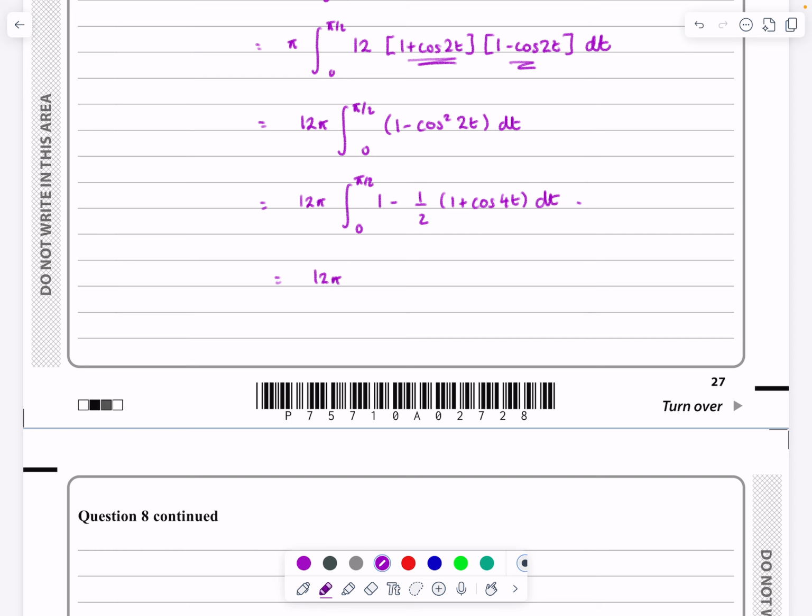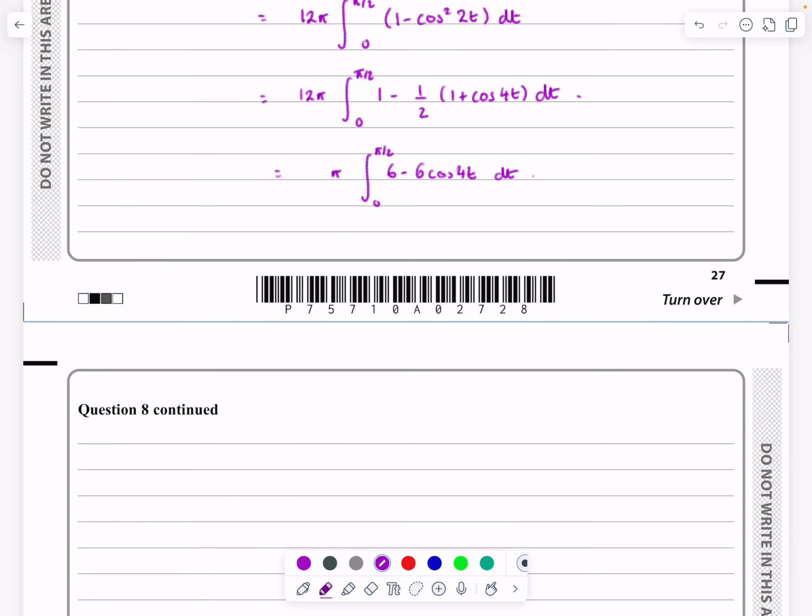So this is 12 pi, the integral of, when we tidy all that up, in fact, actually, let's take the 12 out as well. Take the 12 out here, multiply everything out here. This works out to be 6 minus 6 cos 4t, all between 0 and pi over 2 dt.